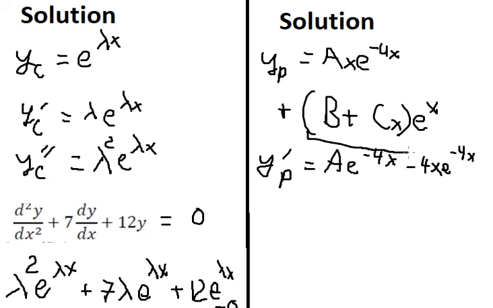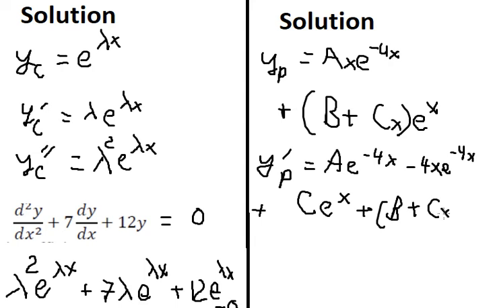Next we do the first derivative of this one, so we have c e to the power of s. Later we do the first derivative of this one, so we have b plus cs and e to the power of s.